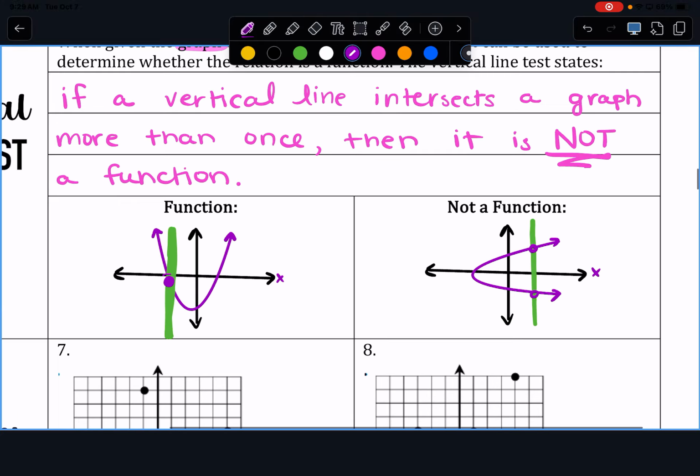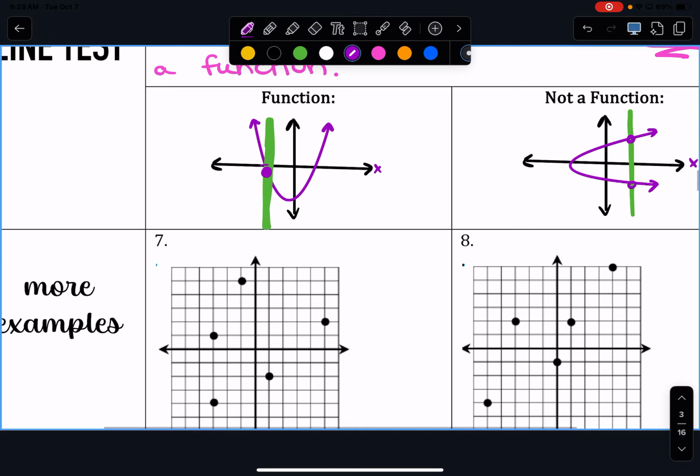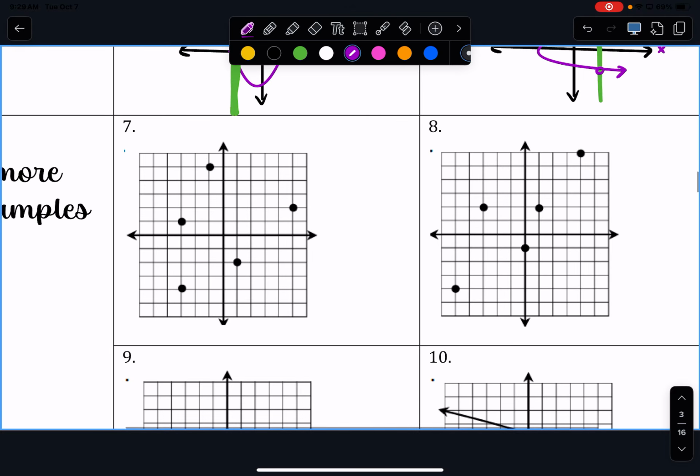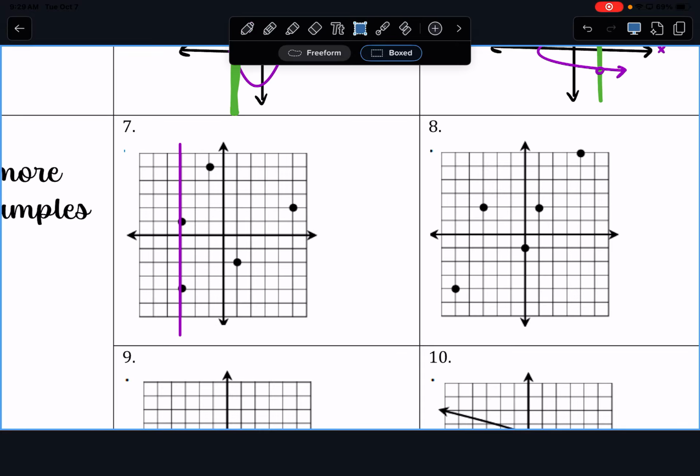All right, so we're going to use the vertical line test on some of these examples. So we're going to draw a vertical line. If I draw a vertical line, how many times does it intersect that graph? Twice. So that makes it not a function.